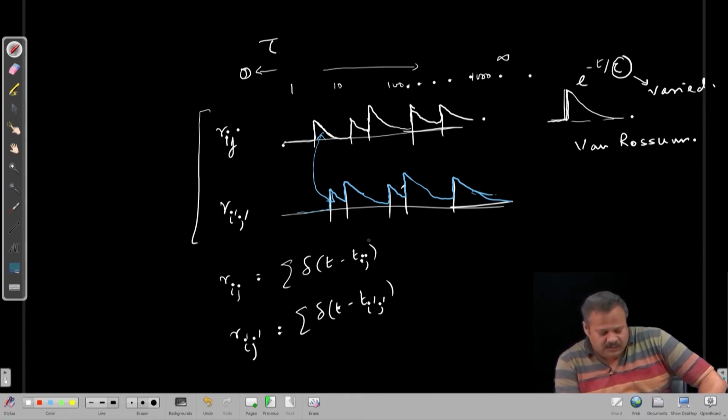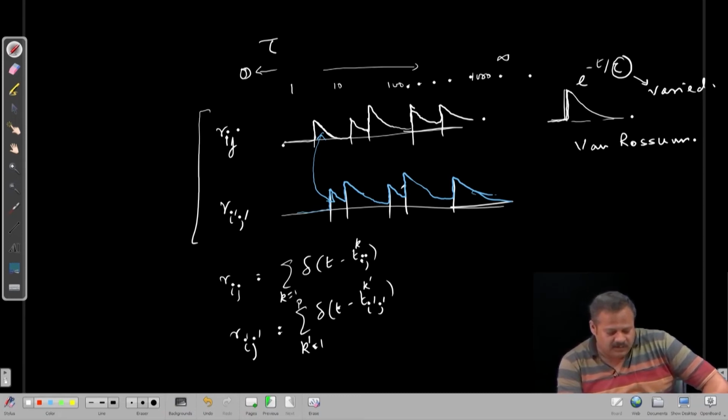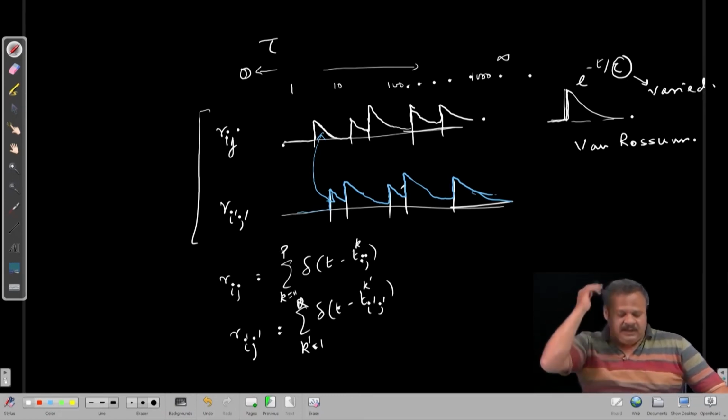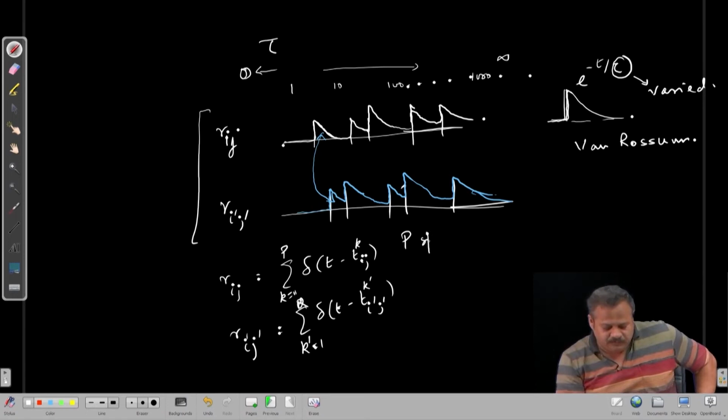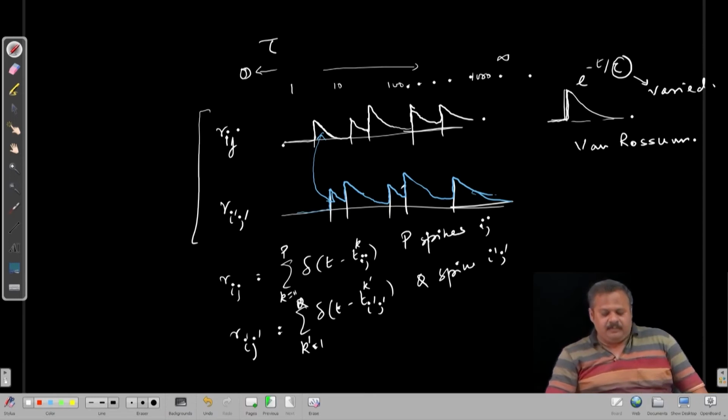Actually, the spikes have to be represented: Ij is representing the spike train, so there must be, let us say, k and k', one summing over k and the other summing over k'. This goes from 1 to p, and this goes from 1 to q: p spikes in the ij spike train and q spikes in the i'j' spike train, indexed by k.